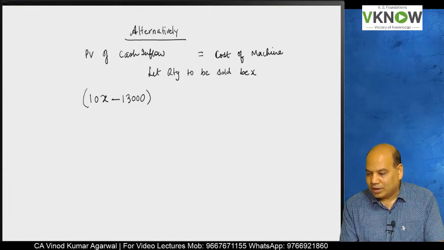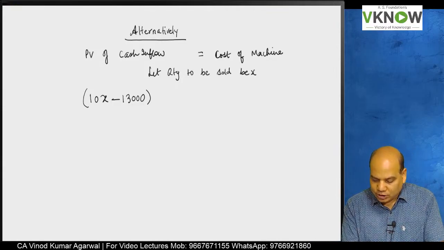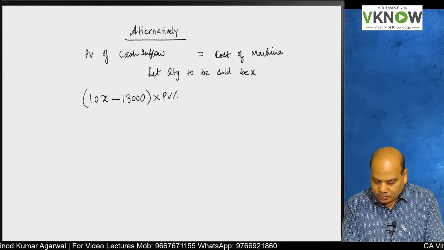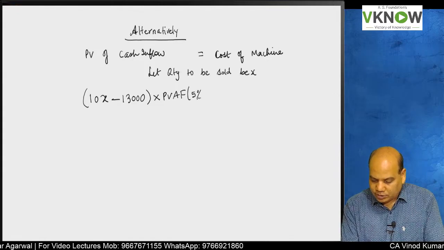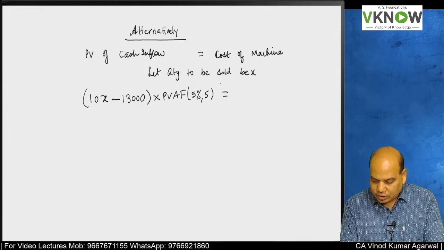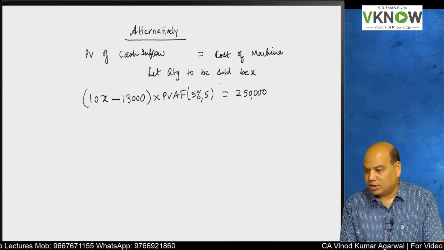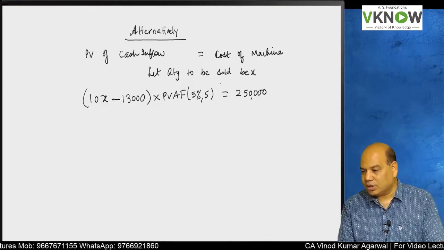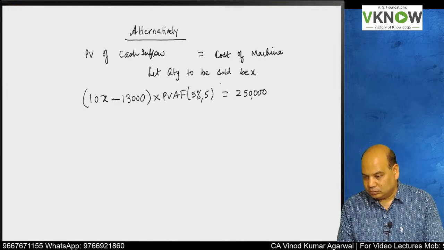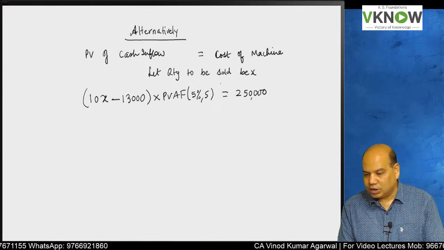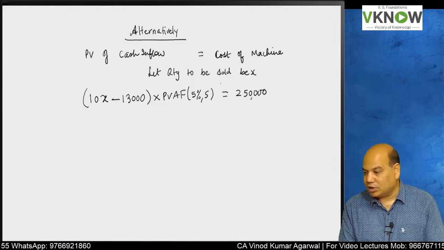Contribution minus fixed cost will give you cash inflow, and that multiplied by PV annuity factor, 5%, 5 years, should be equal to 2,50,000.